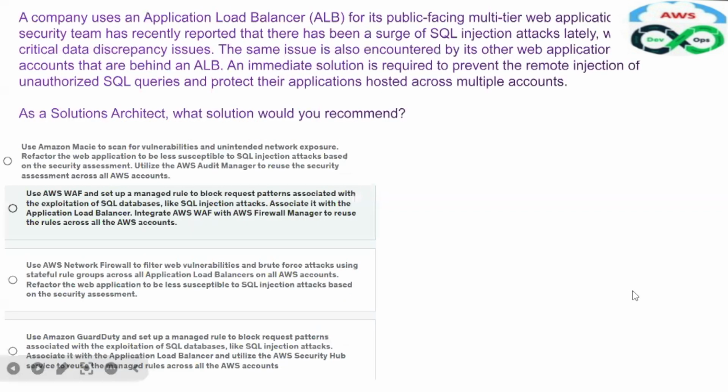Okay, now let's go to the third question. A company is using an application load balancer for its public-facing multi-tier web applications. The security team has recently reported that there has been a surge of SQL injection attacks lately. So this is one of the keywords, SQL injection attacks, which cause critical data discrepancy issues.